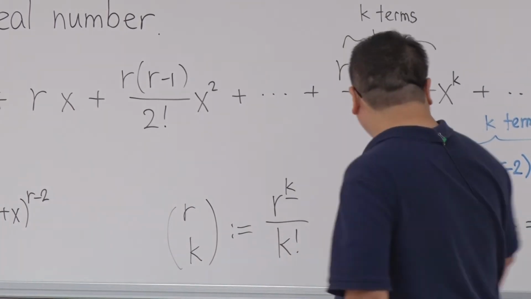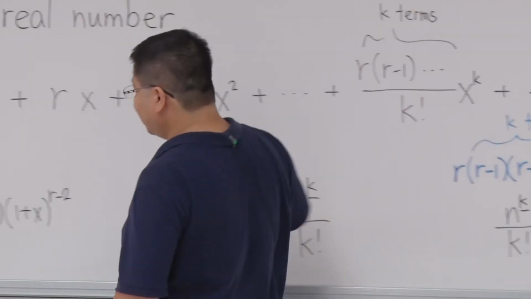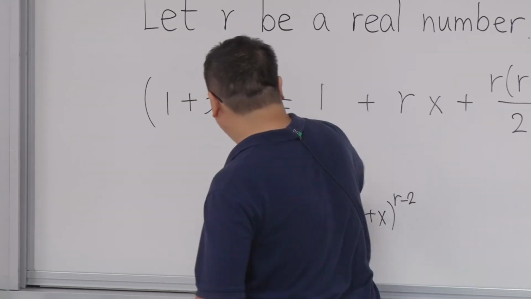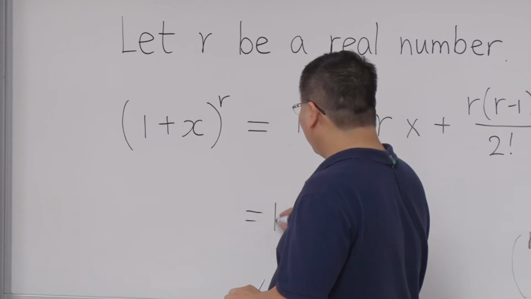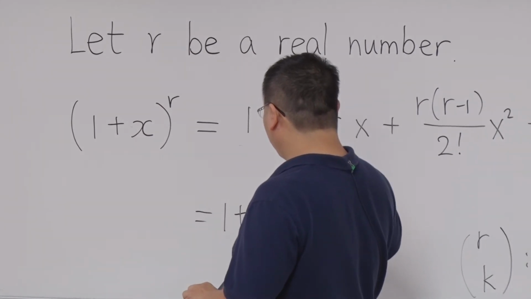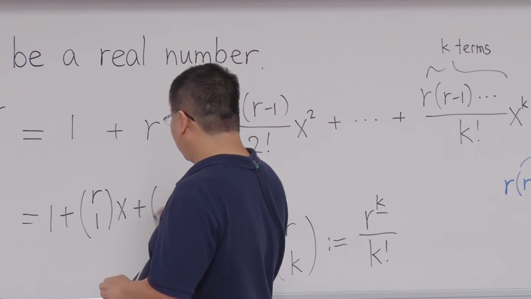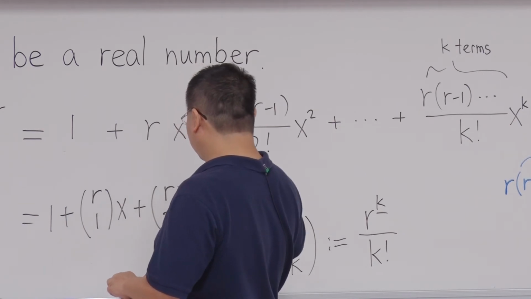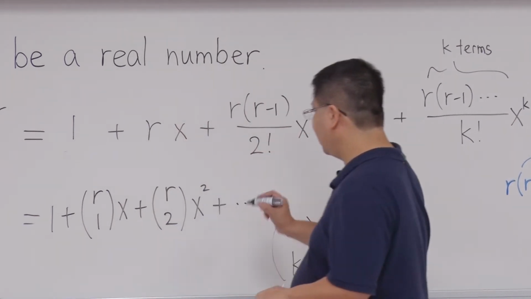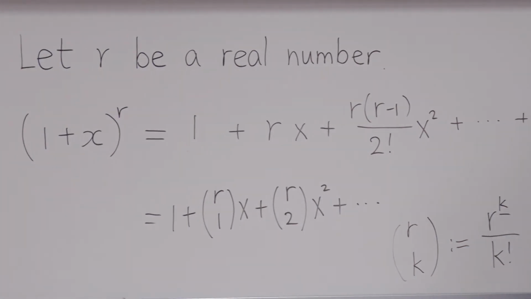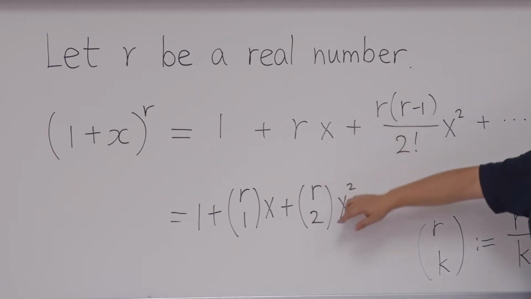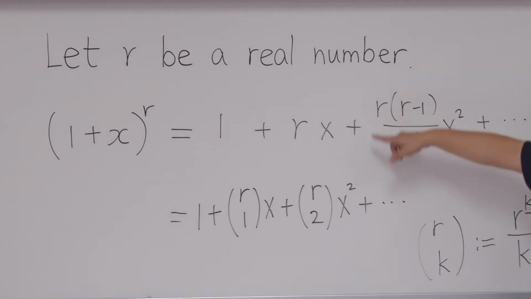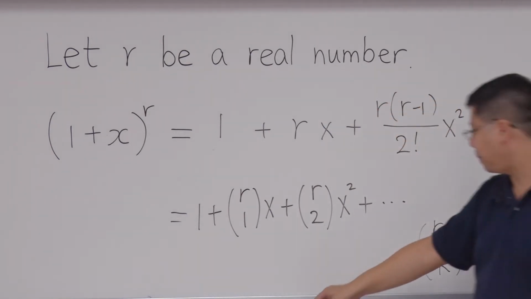So this will be equal to 1 plus r choose 1 x plus r choose 2 x squared plus dot dot dot. Is that okay? That's all I want to introduce for the generalized binomial theorem. But in any case, if you don't like this, you can recall that this looks like this form.